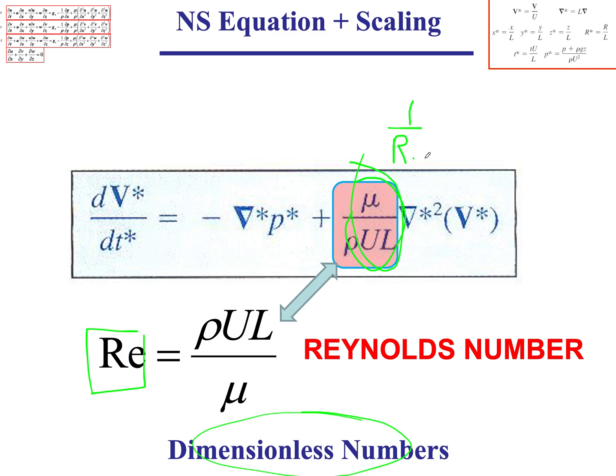Let's take now some asymptotic type of analysis where I go to limits of infinity and 0. What if my Reynolds number is close to infinity? And what if my Reynolds number is close to 0? Let's look at an airplane. An airplane moves at 100 meters per second and its length scale is on the order of 10 meters.